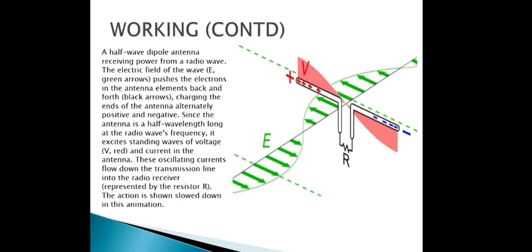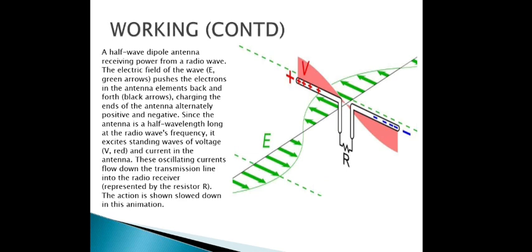If you see the diagram, you can understand how the radiation pattern comes. Current and voltage are perpendicular to each other. In the dipole antenna, the red indicates the current: here it is a positive peak, here a negative peak.